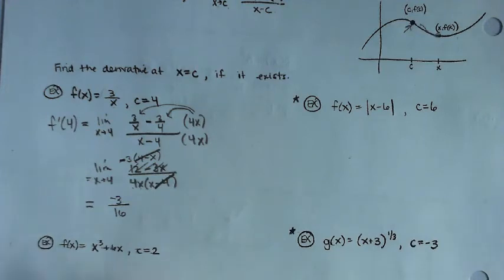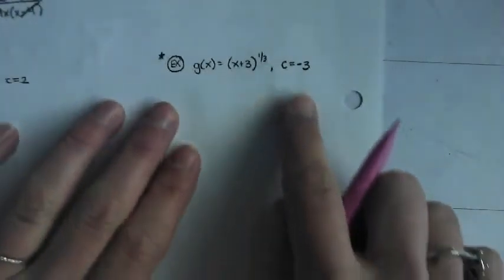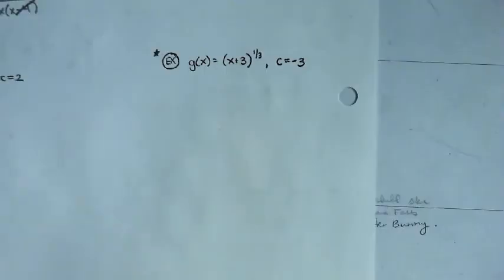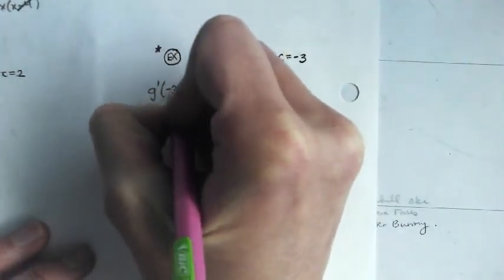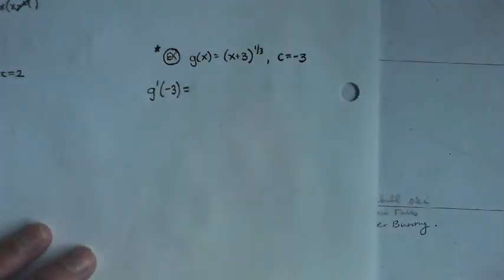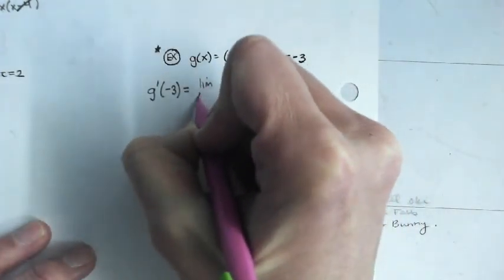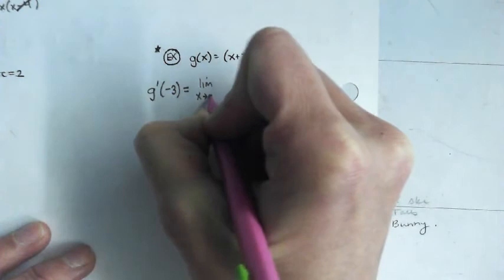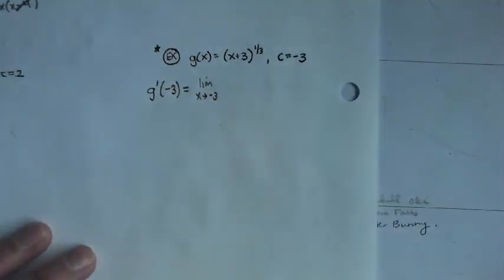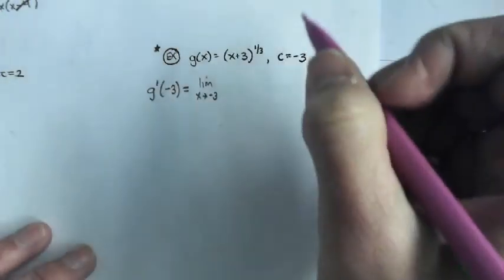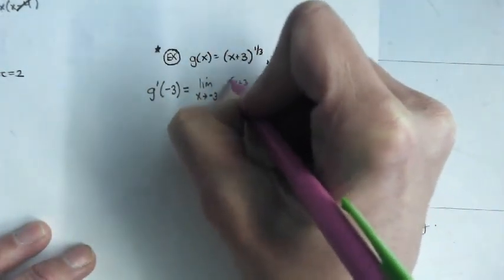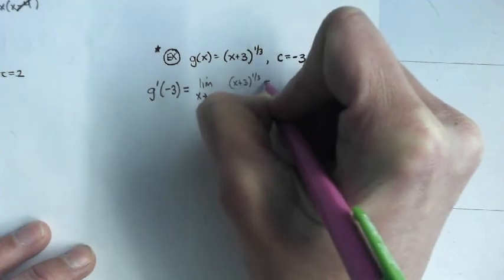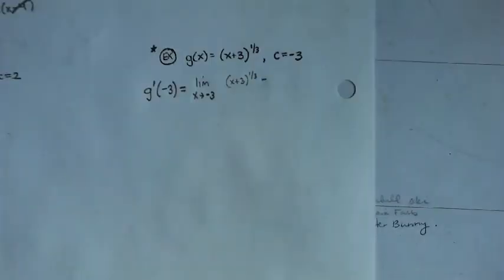Let's look at this one. This wants the derivative g prime at -3. So this will be the limit as x approaches -3 of f of x, which is just x plus 3 to the 1/3 power, minus f of c.